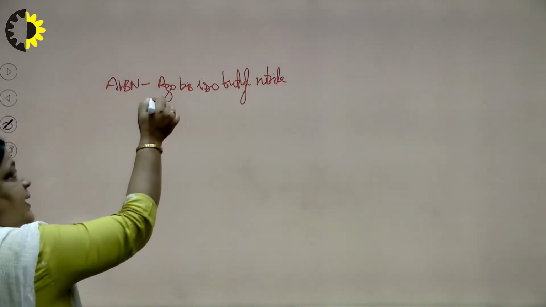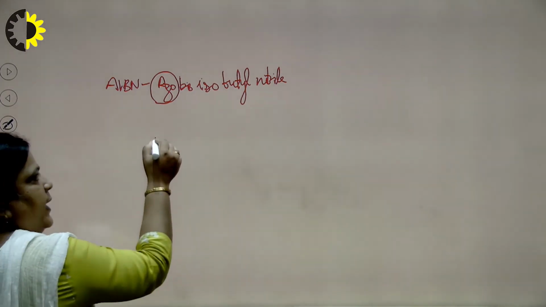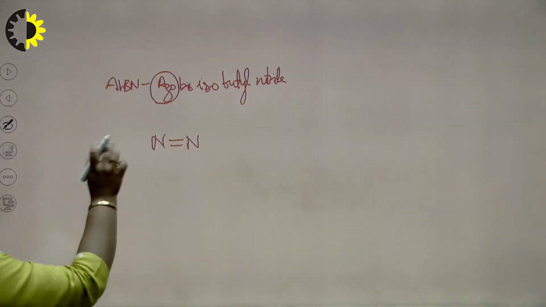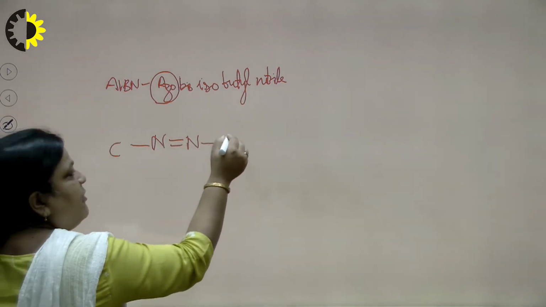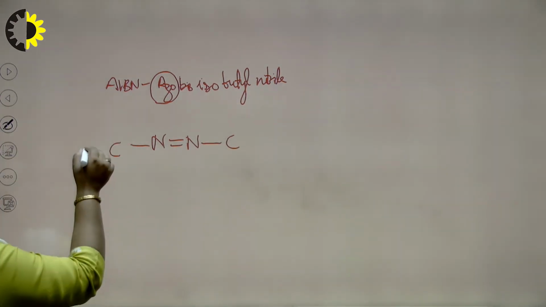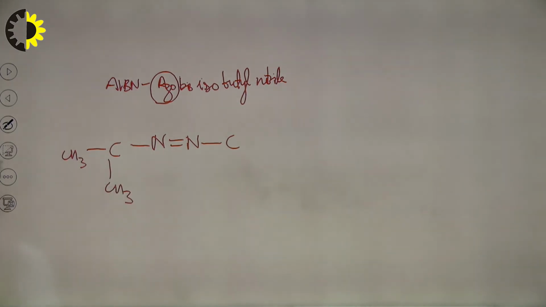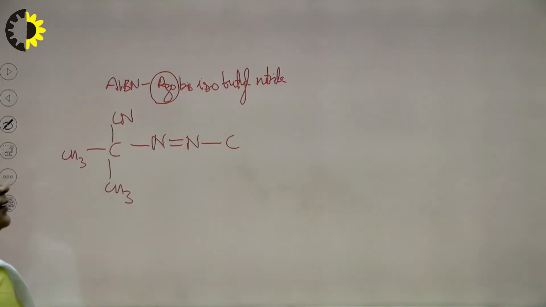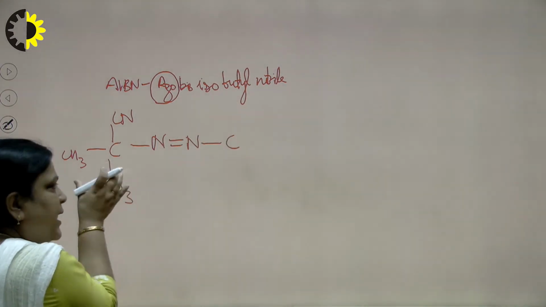Azo means N double bond N, and N double bond N means dye. So, N double bond N, bis means double group, that is dye. Butyl means the number of carbon should be 4. Iso means one carbon is attached with 2 CH3. Nitrile means CN, and since bis is there, we write the same group here.